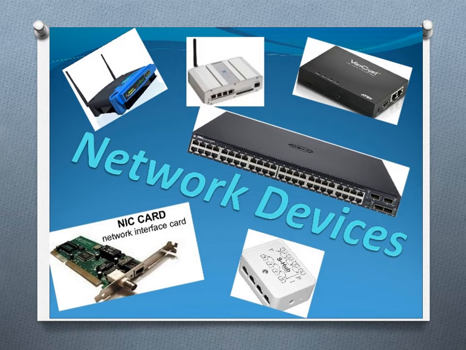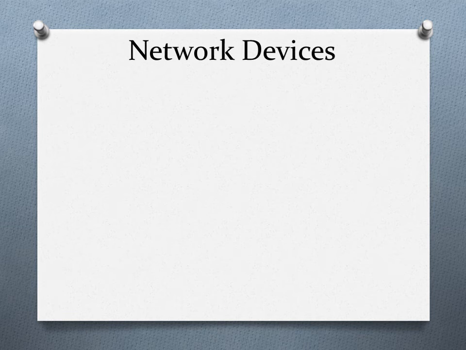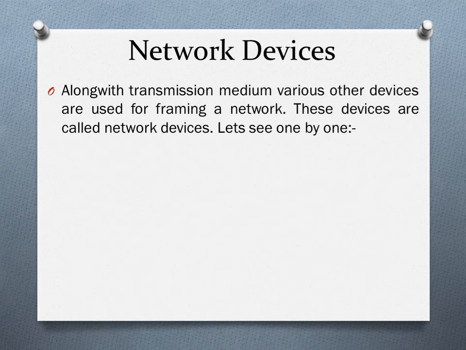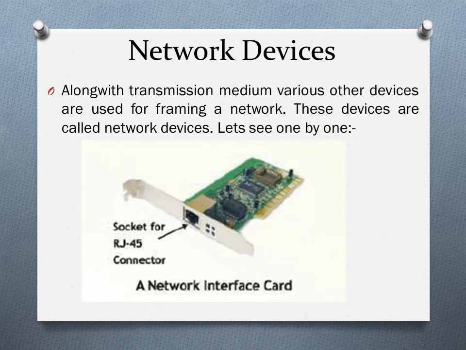Various devices which help in framing a network are called network devices like NIC, Network Interface Card. It is a device that enables a computer to connect to network and communicate. Then is hub.